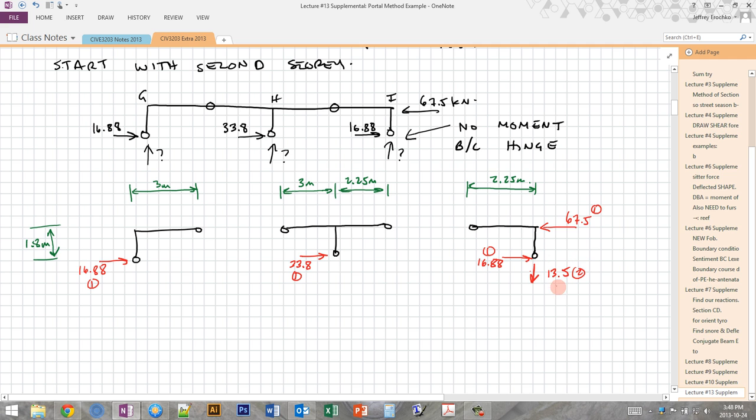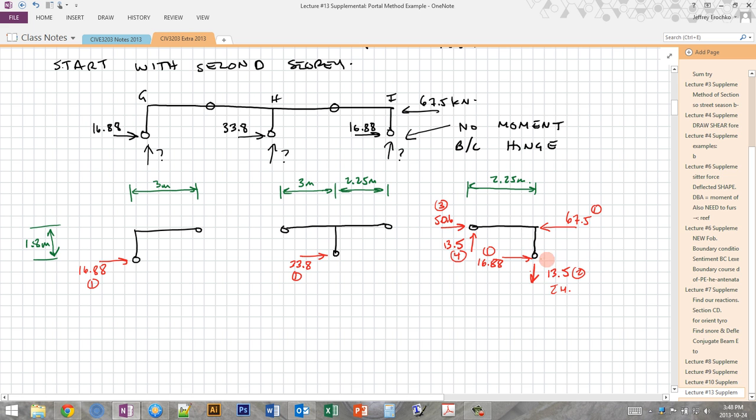Okay, and this one was from sum of moments. Then this one here, I'm going to use the horizontal equilibrium first in order to find the force, and this one is 50.6, so that's 3. And then I use the vertical equilibrium now to find this force, which is, since there's only one other vertical force, going to be 13.5, and that's number 4.